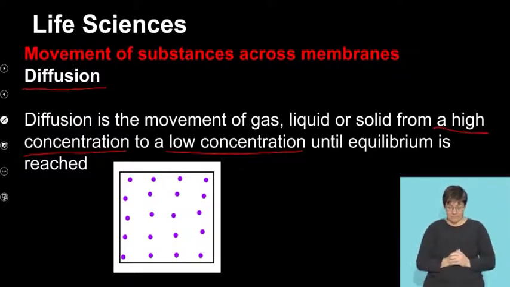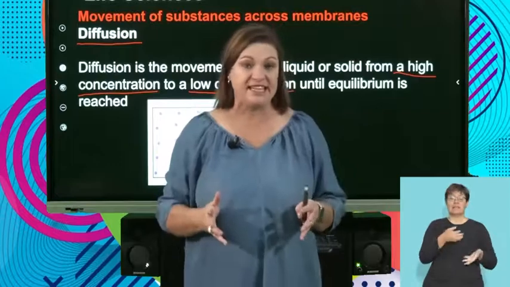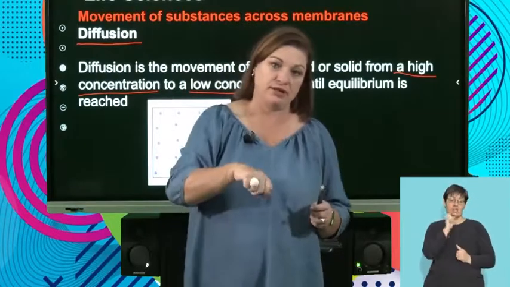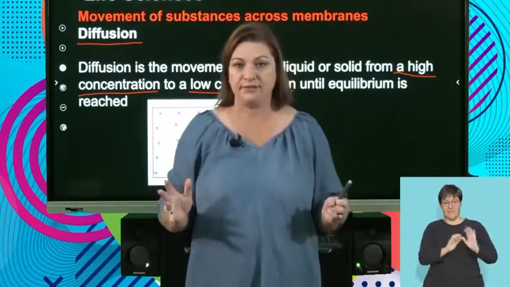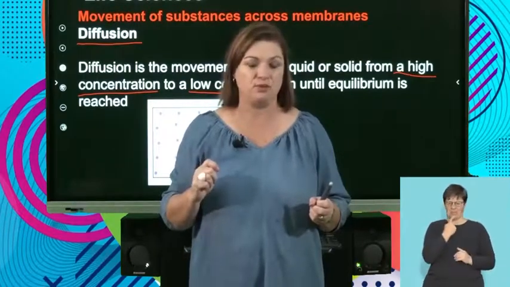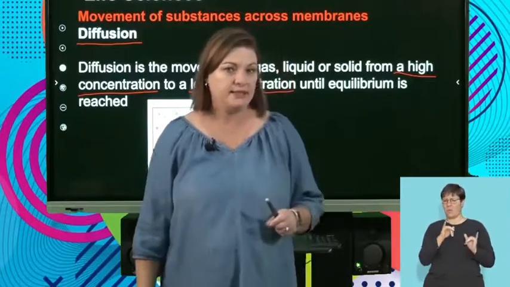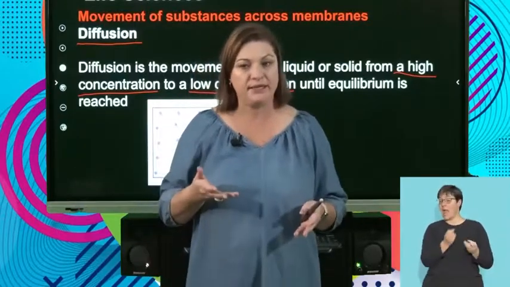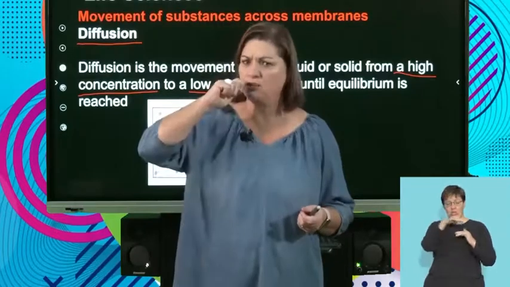Okay, so let's use this analogy. You have a cup of tea, and you put sugar in it, and you just leave it. So if I sip the top part, it's not very sweet. But if I wait a little while, the top part will also become sweet.